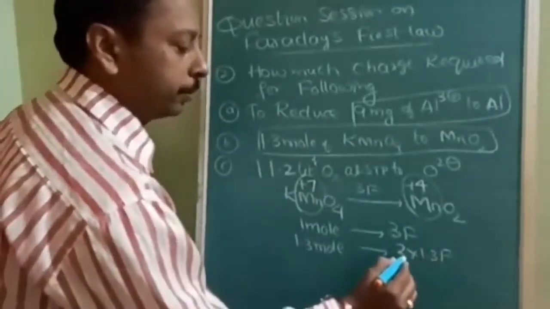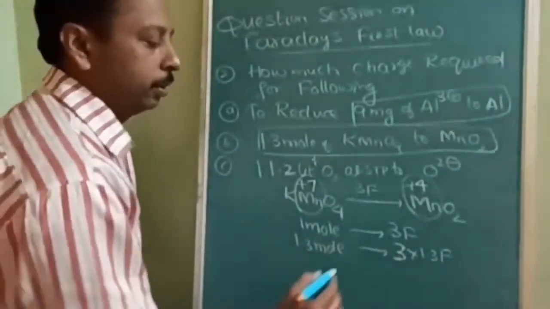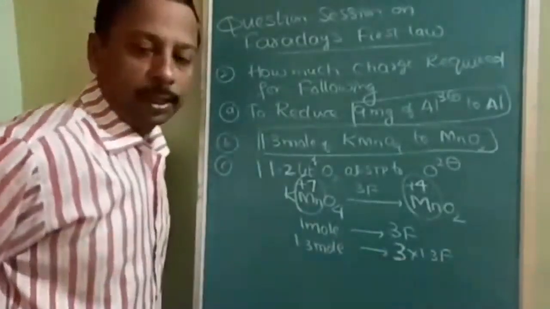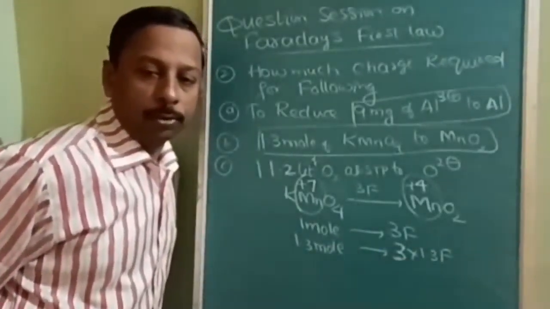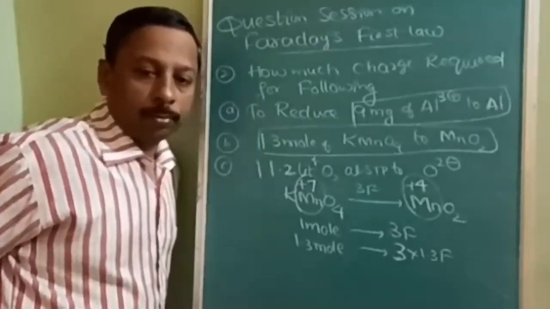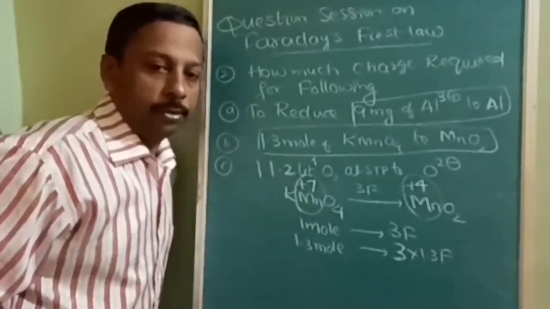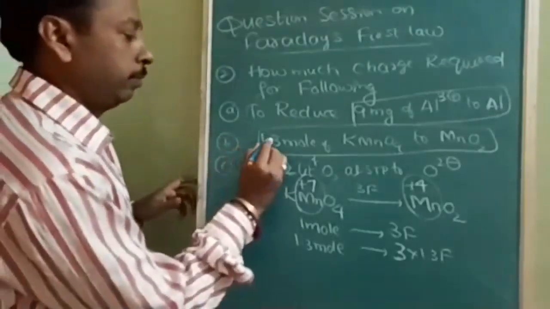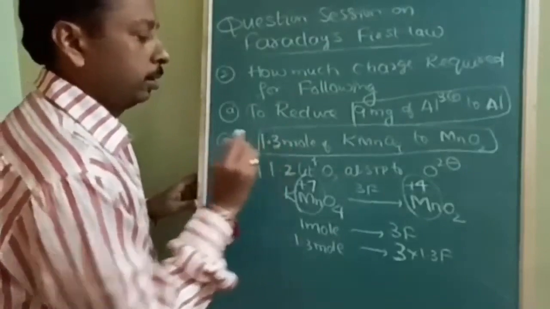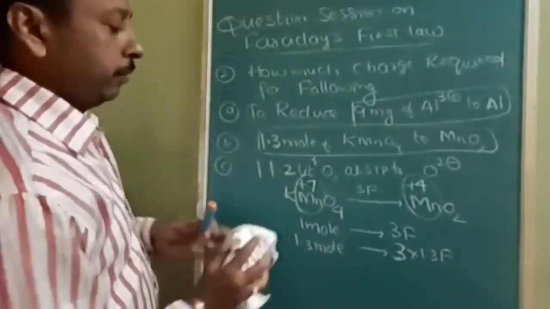If your option is given in coulombs, you can multiply it with 96500. Okay, so is it understood? So 3 into 1.3 Faraday is the answer for the second question, the easiest question. It is 1.3, not 13. Okay, the second question was a little bit easy.